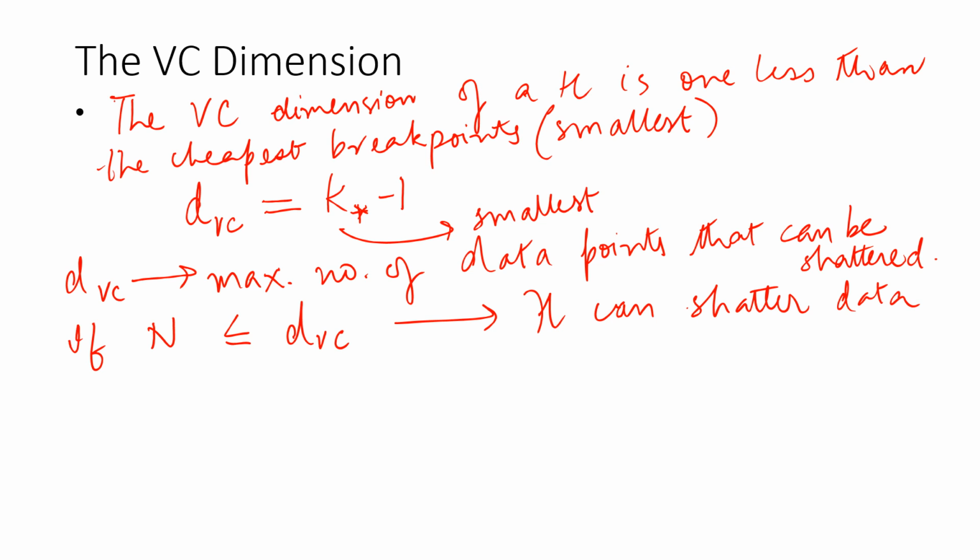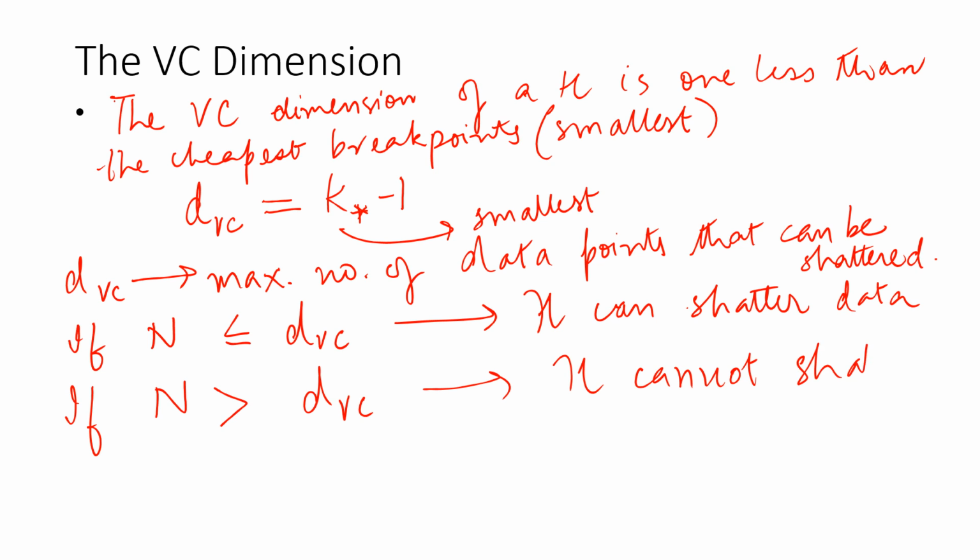And if it's the other way around, if n is greater than the VC dimension, H cannot shatter your data. It's as simple as that. It's a better way of utilizing the value of my breakpoint.